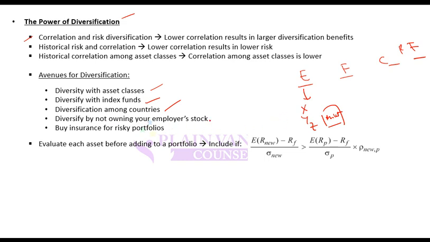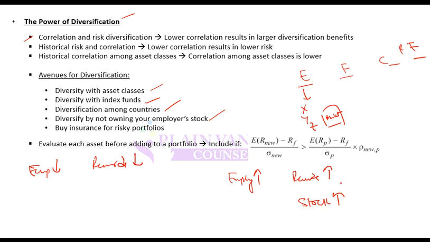Diversify by not owning your employer's stock. The assumption is that if your employer performs well, then you will get higher rewards. But if the employer is doing badly, your rewards will be lower. And also the employer's stock will move in the same direction as its performance.